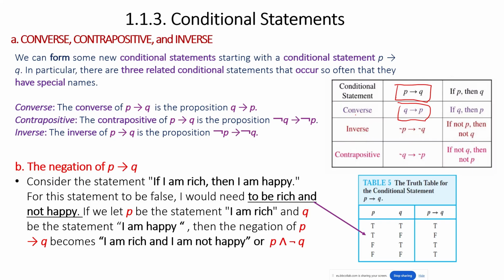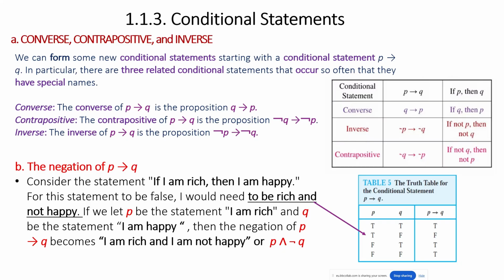So the converse of if P then Q is the proposition if Q then P. That means you just flip the order of them.